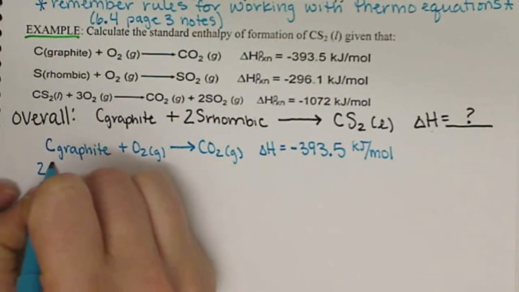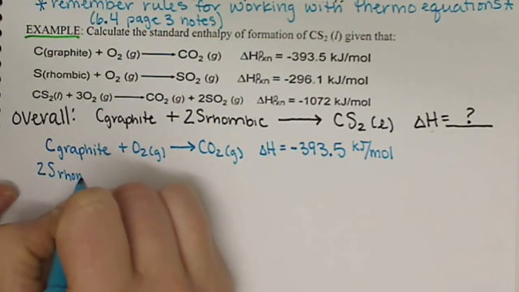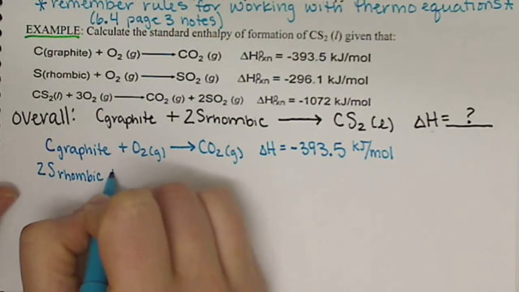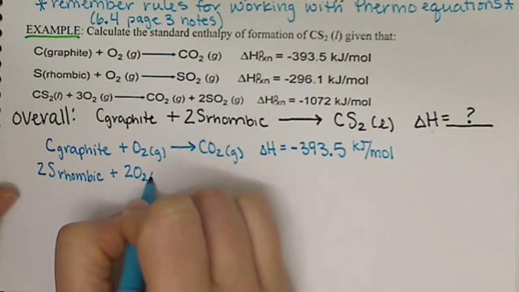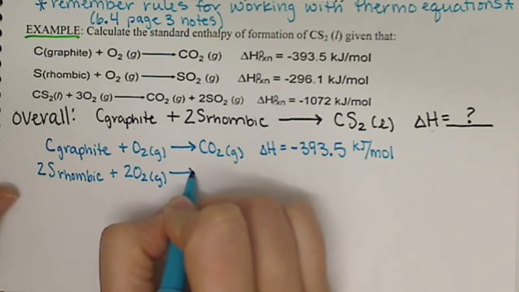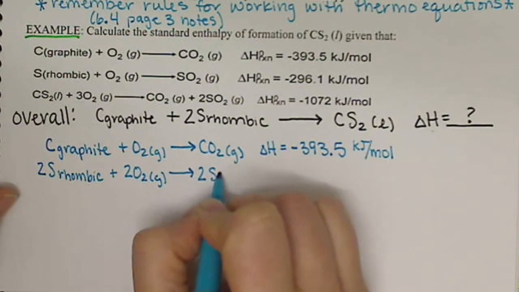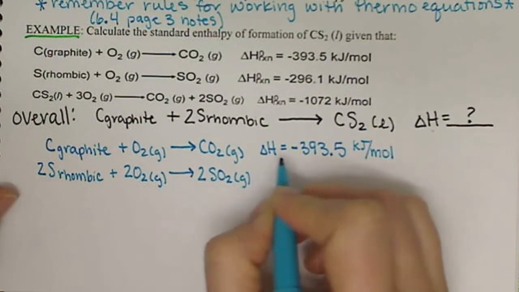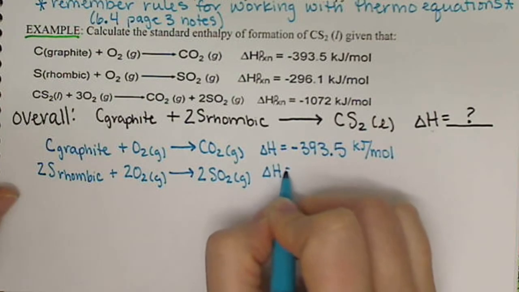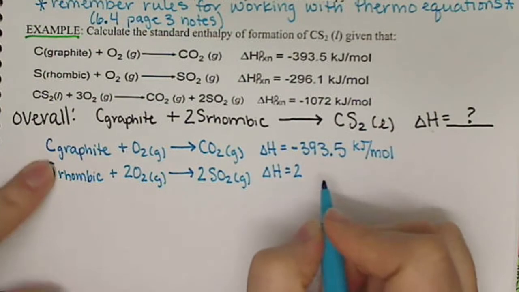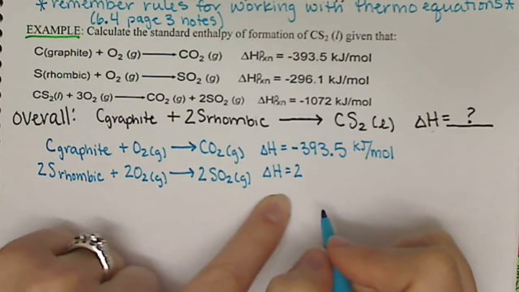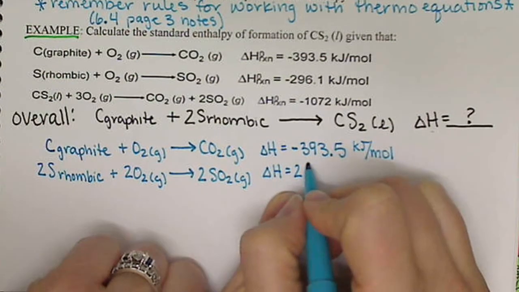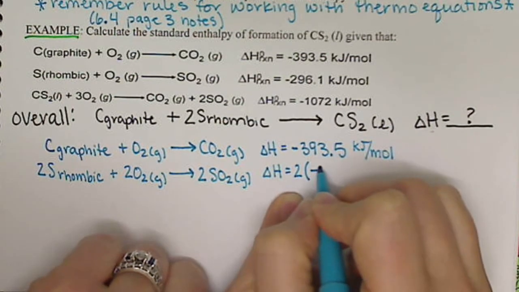So I have 2 sulfur rhombic, 2 oxygen gas, and 2 sulfur dioxide. If I multiply my entire reaction by 2, I need to also multiply my delta H by 2.